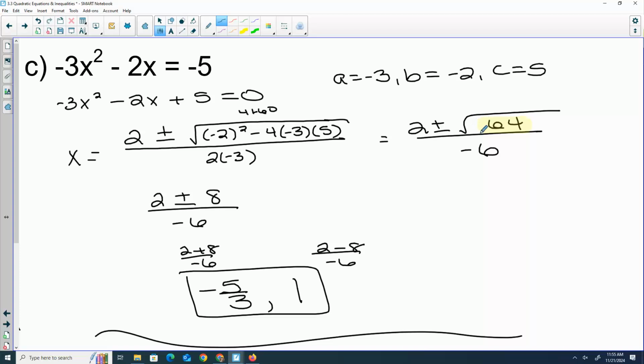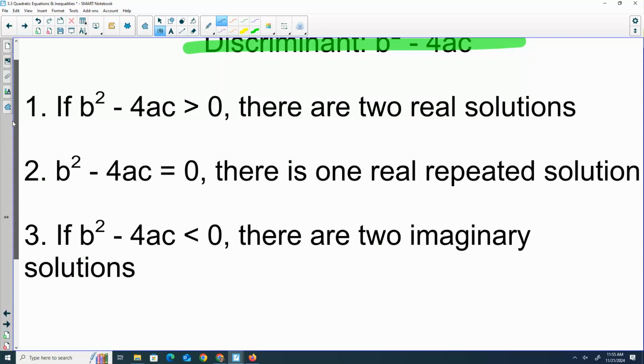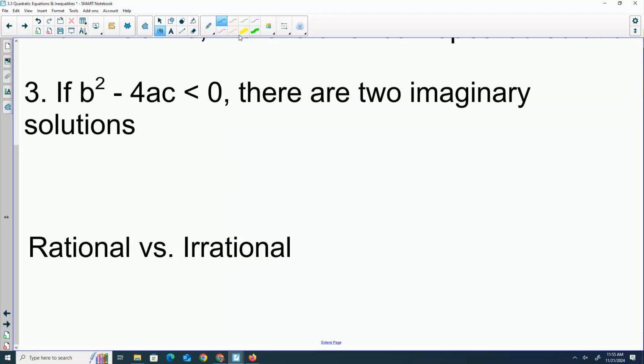There was no imaginary, and this was a perfect square. So we might also ask you if you're going to have a rational or an irrational solution, and it's just based on if that's a perfect square or not. If it's rational, it's a perfect square, so we get rid of the square root. If it's irrational, it's not a perfect square, so the square root stays.